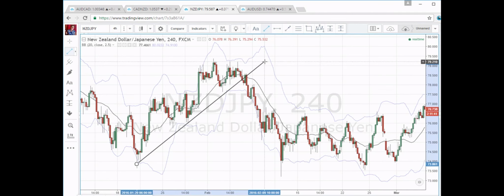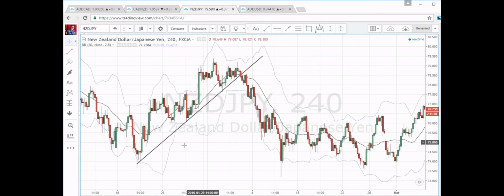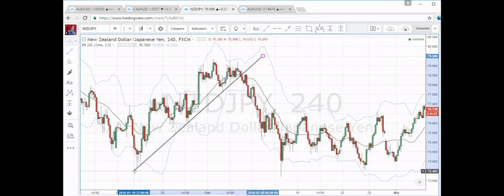Then we connect the swing points here, and again there's no right or wrong when it comes to trend lines. The only thing that we have to remember is that we need at least 3 validation points, 3 touch points. So we start at the bottom, then we have the second one here, the third one, almost the fourth one here, and then that's a valid trend line that we have.